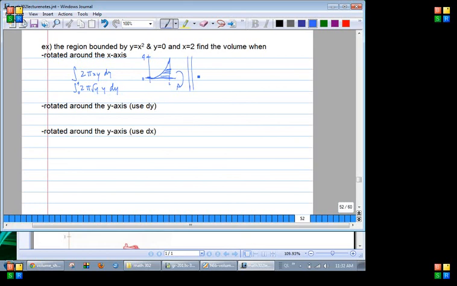How would this look if we set it up using disks? Right. So, or you can make vertical slices. And now what's the volume? Pi r squared dx.